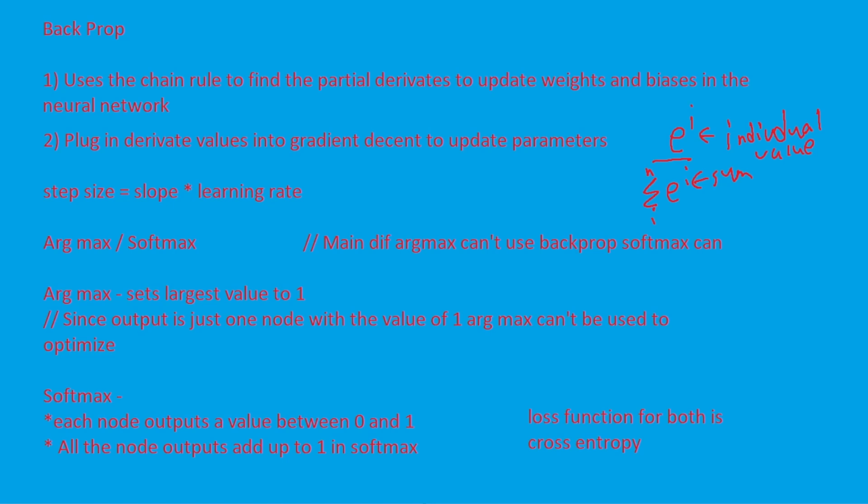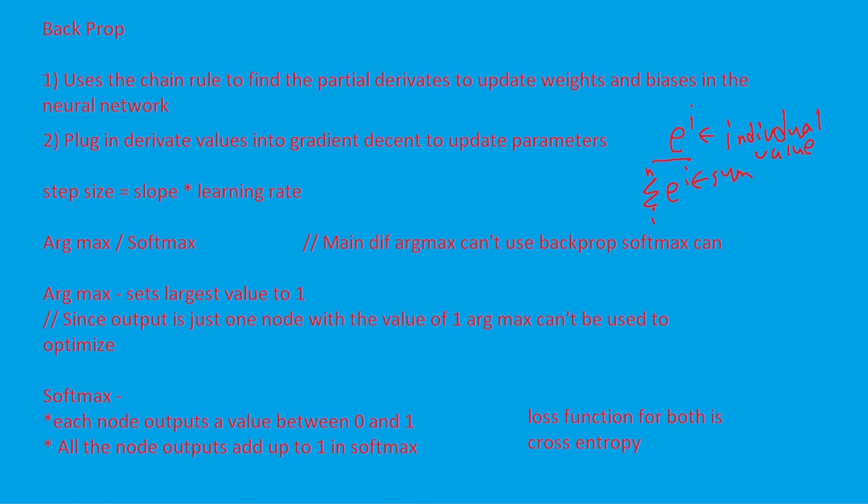With softmax, instead, each node outputs a value between 0 and 1. All the nodes add up to 1 in softmax. So in this case, it could be optimized because you can see how much the model predicted each result. So it could see, oh, it didn't predict it was a hummingbird.